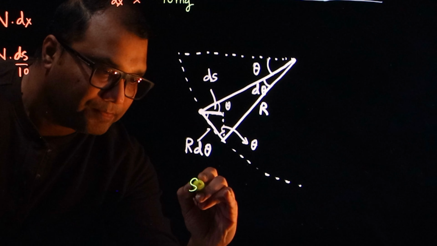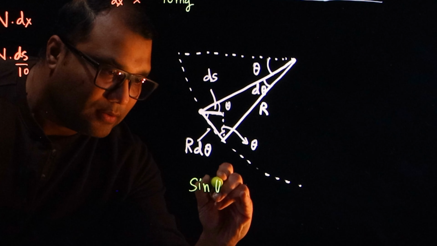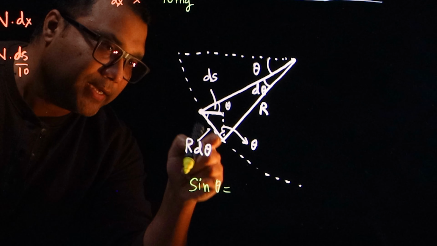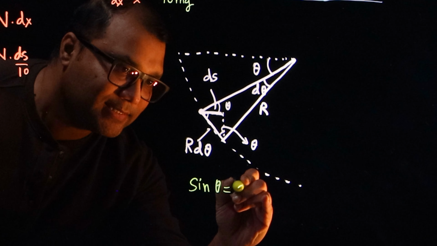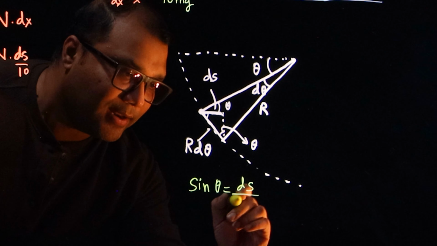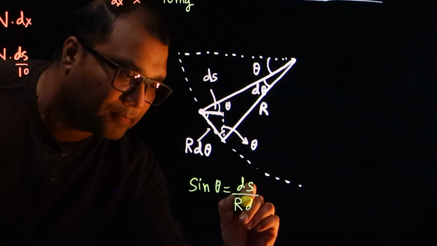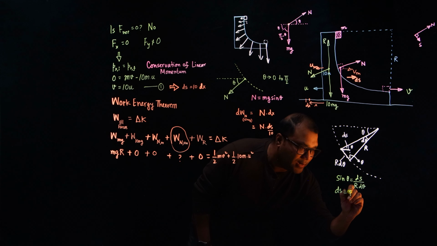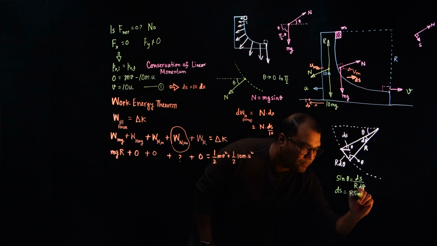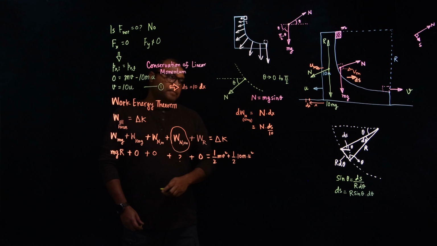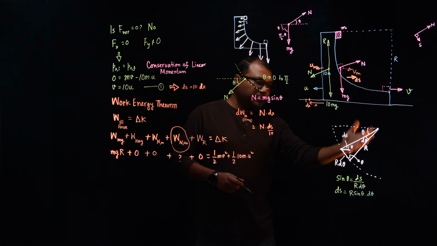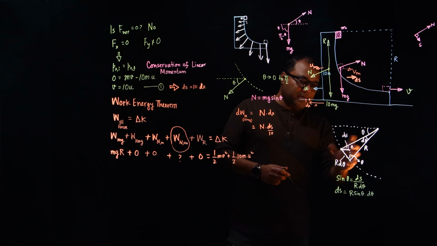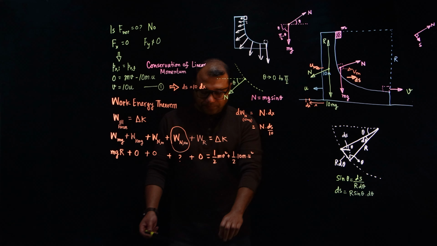Look at this small triangle: sine theta is ds by r d theta, or we can write ds is r sine theta d theta. There's a little bit of geometry here, but if you get this, everything else is simple.